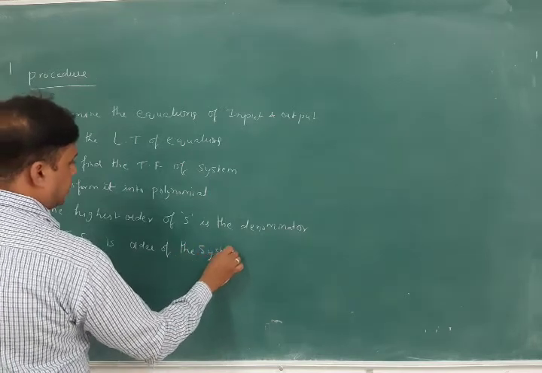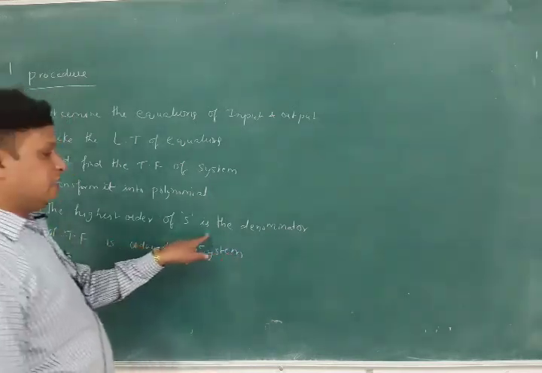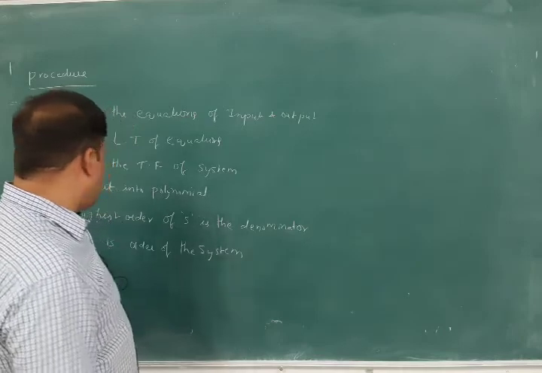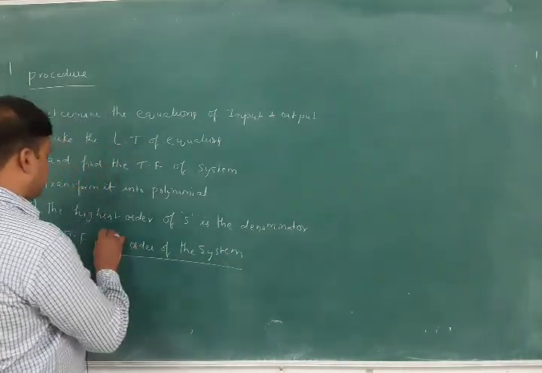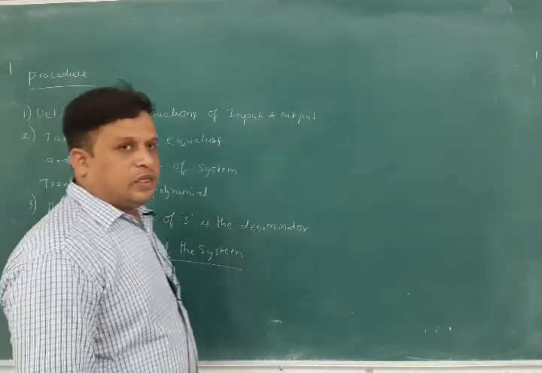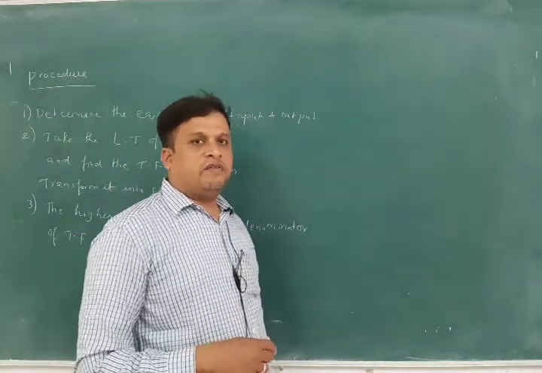This is the main important step: the highest order of S in the denominator of the transfer function is nothing but the order of the system. These are the steps you have to write for finding the order of a system.